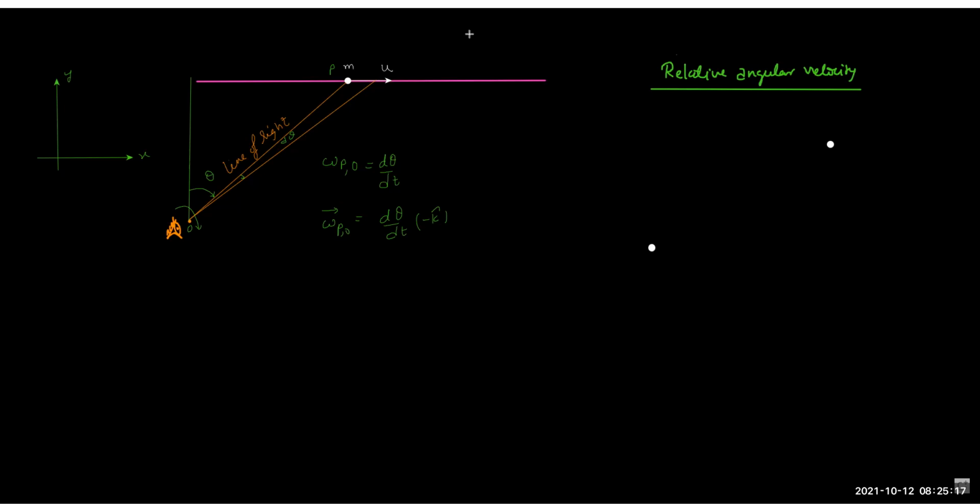So the idea of relative motion, I mean angular velocity, can be associated with even that observer which itself is in motion. So imagine that this particular particle is heading toward this direction at a given instant. So it means as the time will change, it may change.